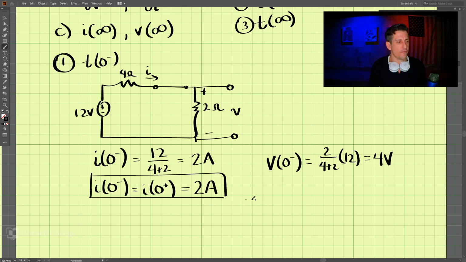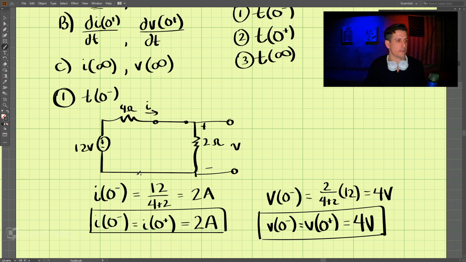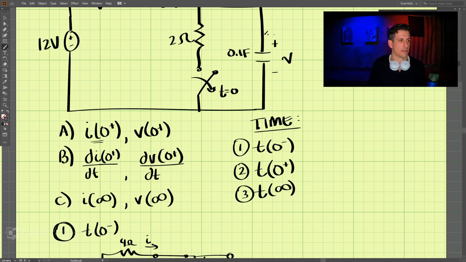And we know the voltage across a capacitor cannot change abruptly. So we know that this is 4 volts because this is across a capacitor. This is a capacitor here.